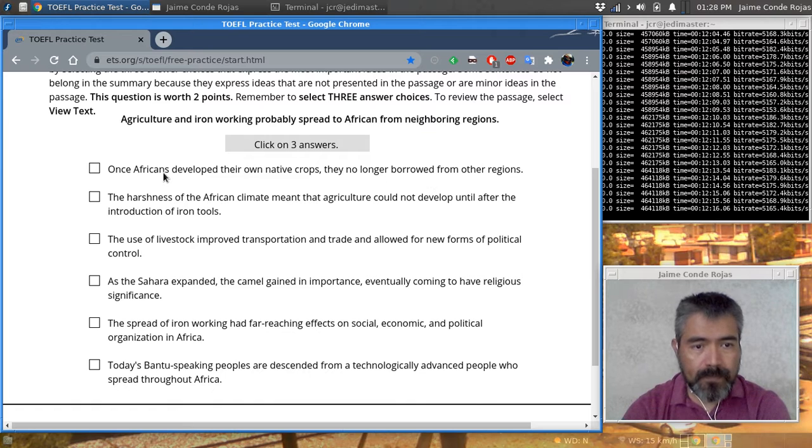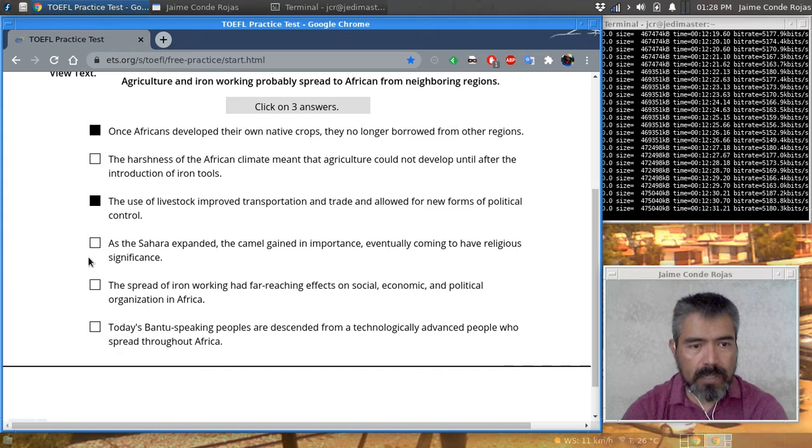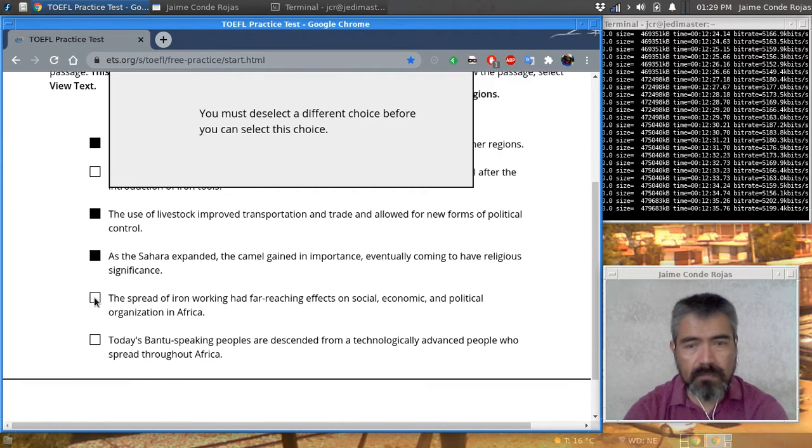So again, agriculture and iron working probably spread to Africa from neighboring regions. Click on 3 answers. Let's say I'm going to select these 3, and then you cannot select another option.